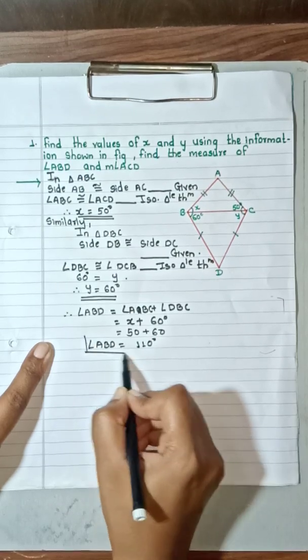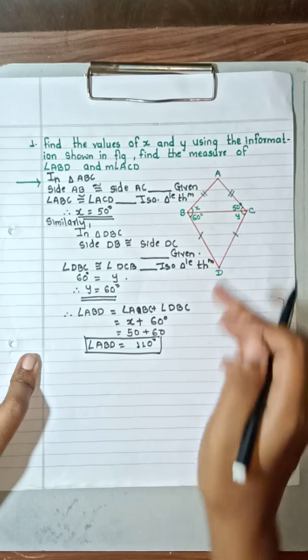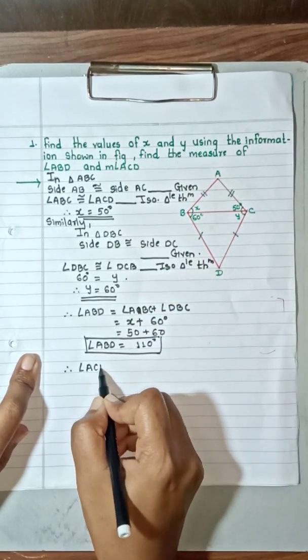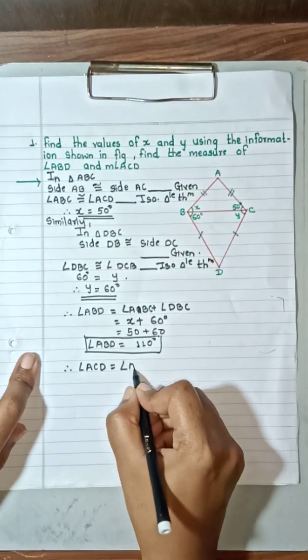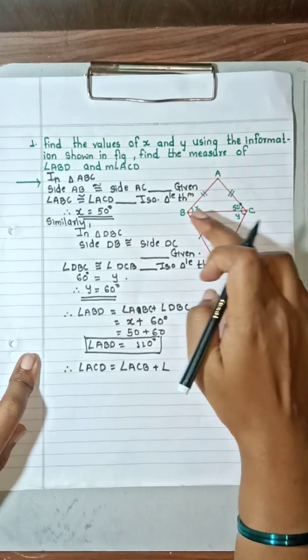Therefore the value of angle ABD is 110 degrees. Now let us find the value of ACD. Angle ACD is equal to angle ACB plus angle DCB.